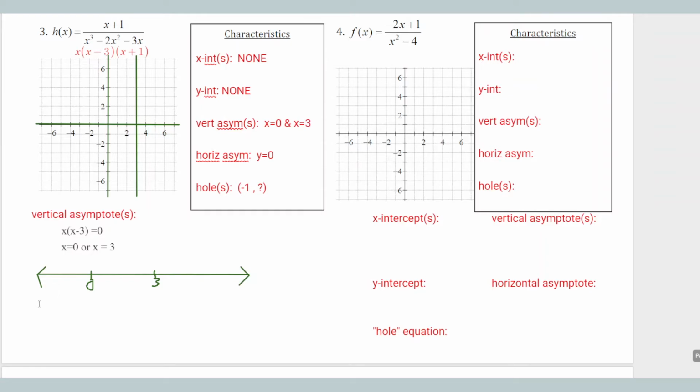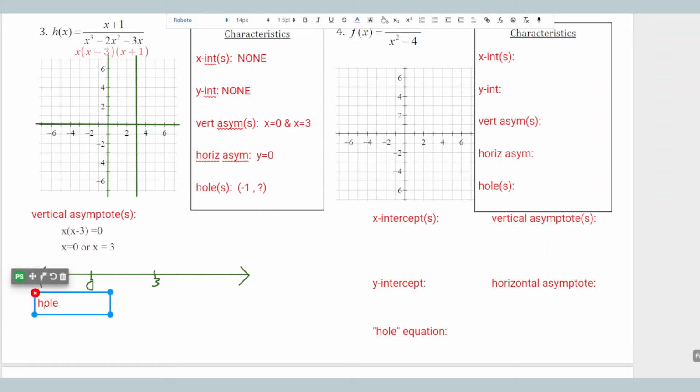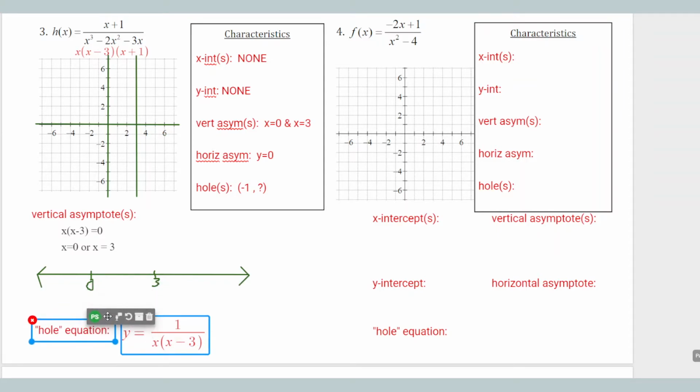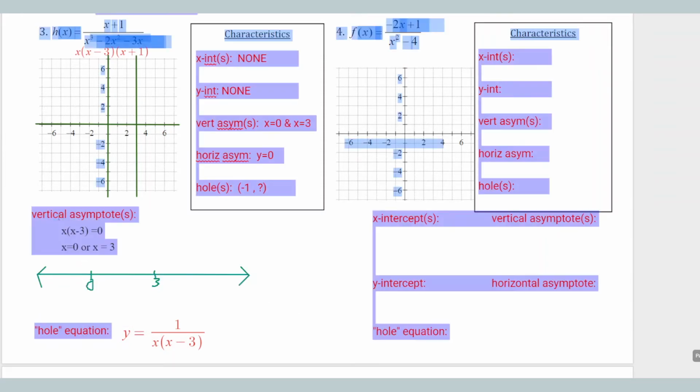But what we can also use the whole equation for is to make our number line a little bit easier to complete. So my whole equation is going to be y equals 1 over x times x minus 3. So with this, now I can go ahead and substitute in my representatives here.